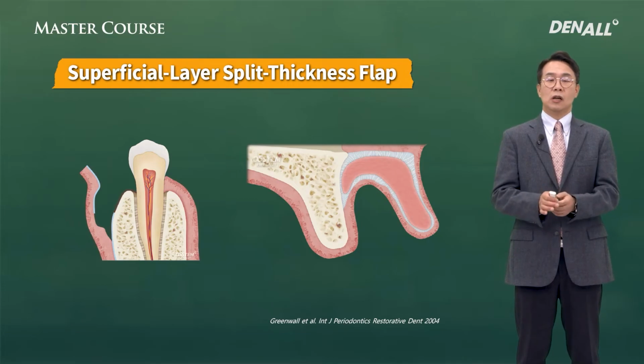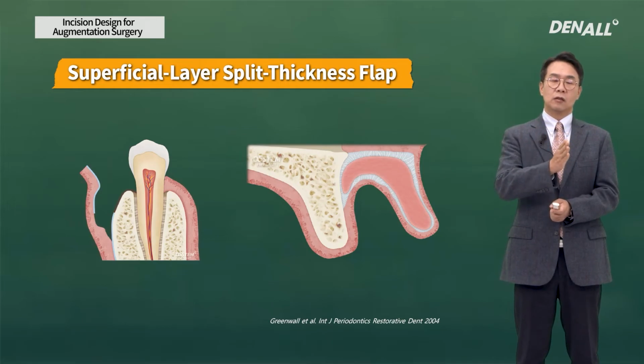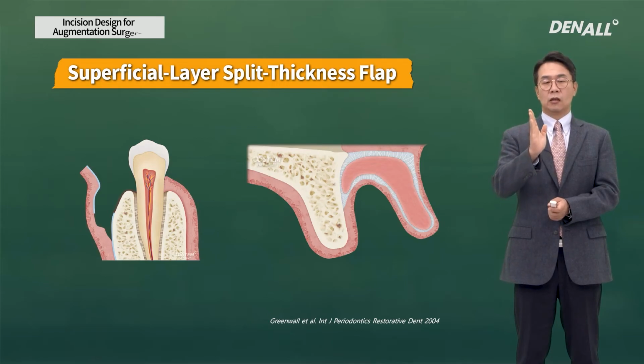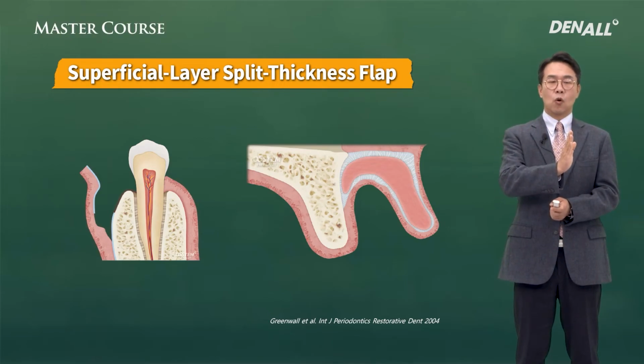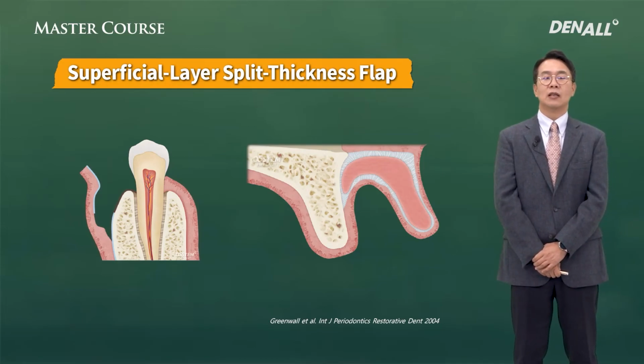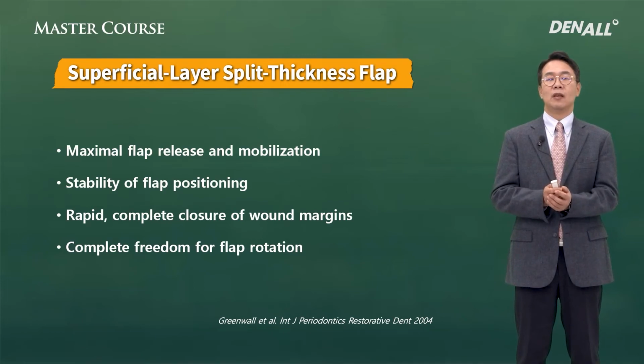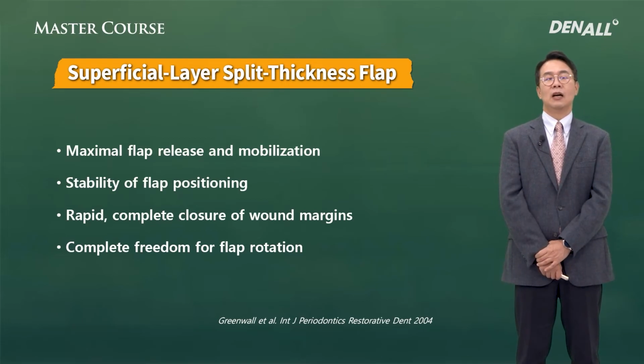Like here, the periosteum is left with the bone area inside, and periosteum and muscles remain. The biggest advantage of using this approach is we can get a tension-free result.